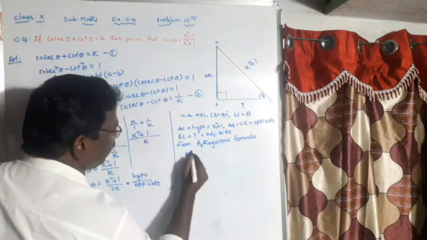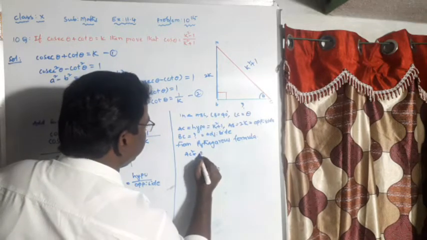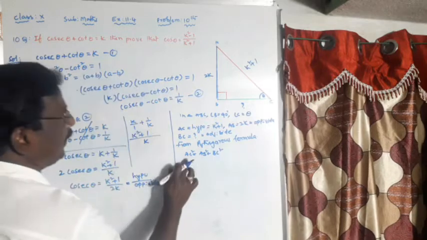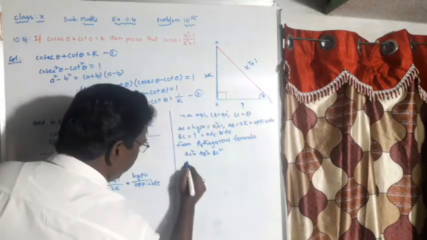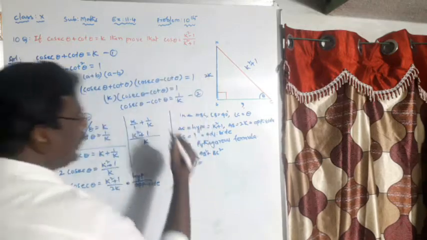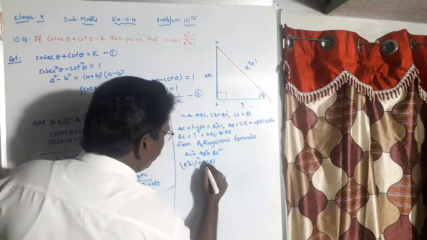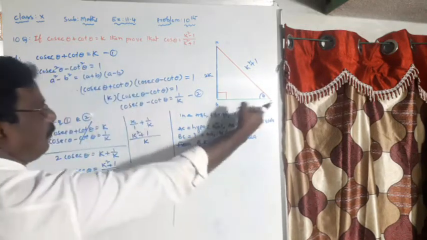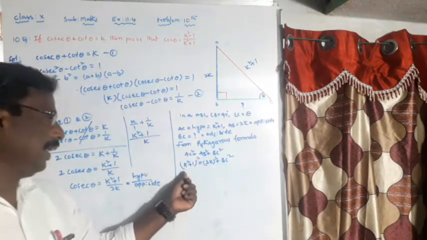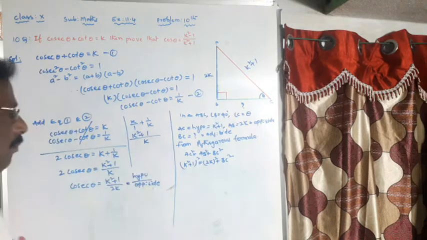AC square is equal to AB square plus BC square. What is AC? k square plus 1 whole square is equal to AB given, that is 2k whole square, plus you have to find BC square. Now expand k square plus 1 whole square.